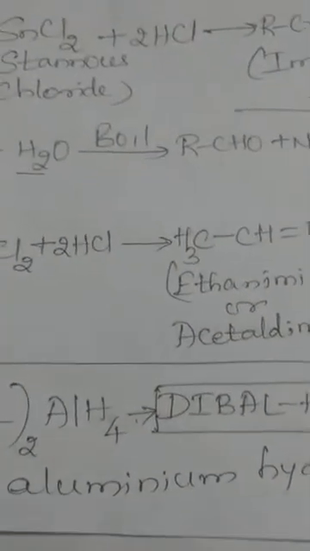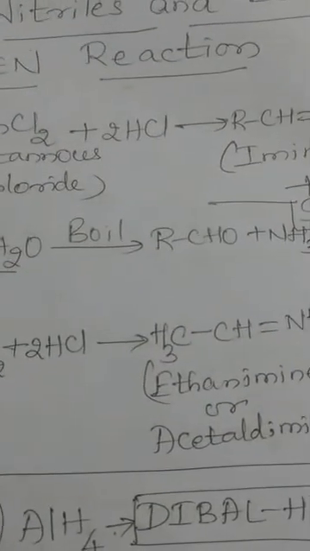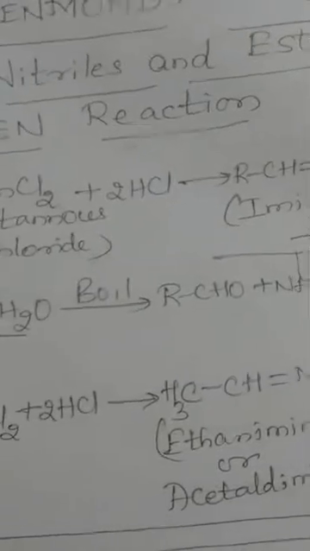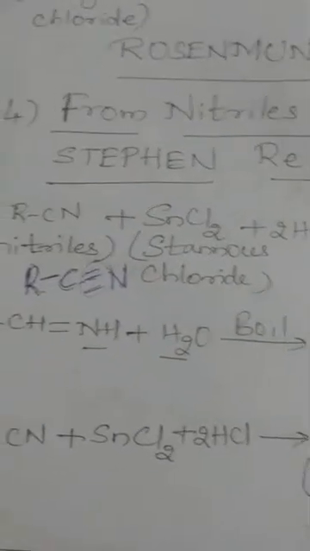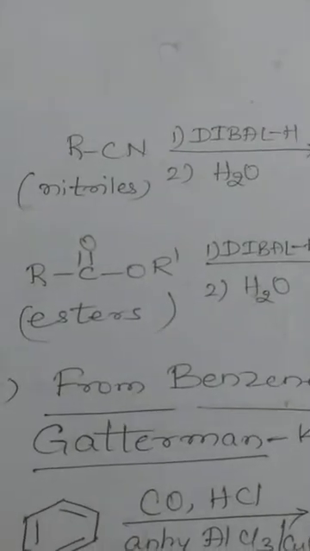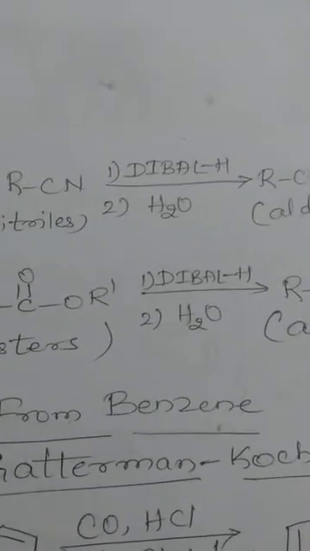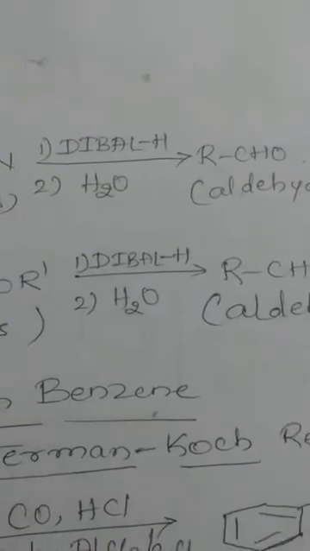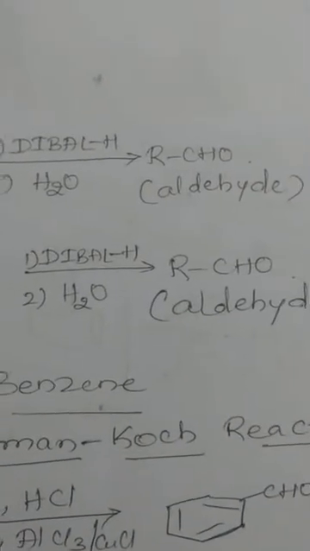So DIBAL-H can also be used to reduce nitriles to imines so that you will get aldehydes on hydrolysis. To represent the reaction, I will just show the general representation of the equation, RCN. Each time you need not remember the structure of DIBAL-H. So RCN nitriles on reduction with diisobutyl aluminium hydride followed by hydrolysis will give you aldehyde.